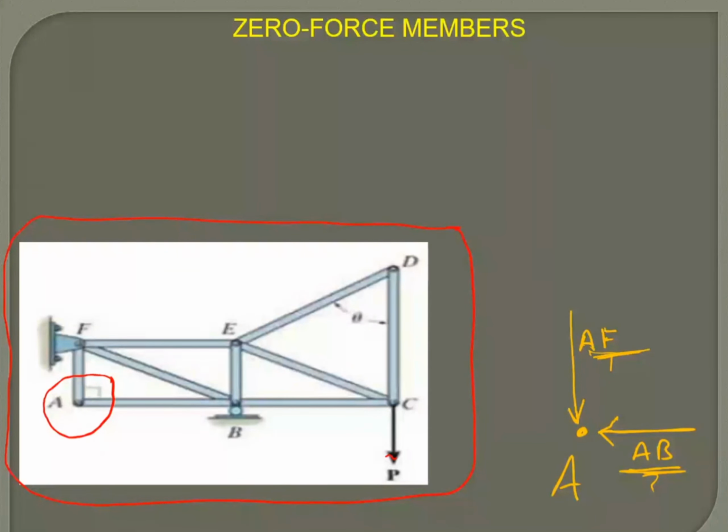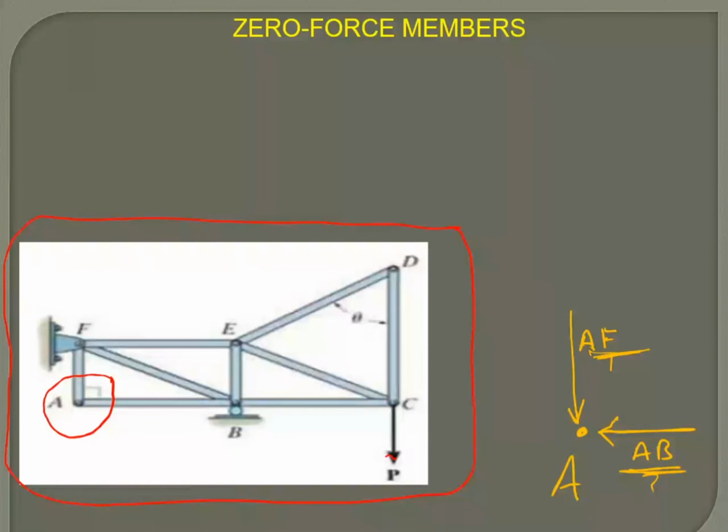They're 0. It should be 0 because, what you did, you made the free body diagram of point A, applied the two forces, and then applied the equation of equilibrium.